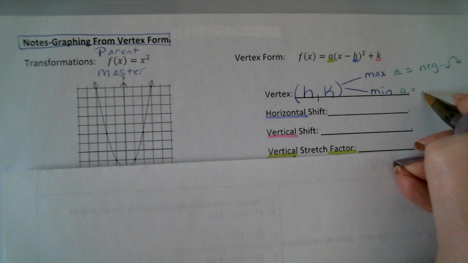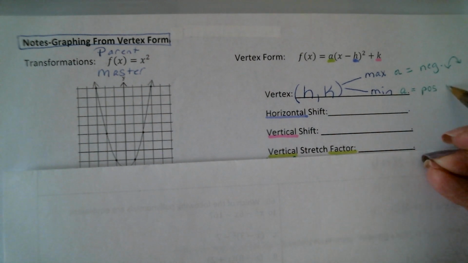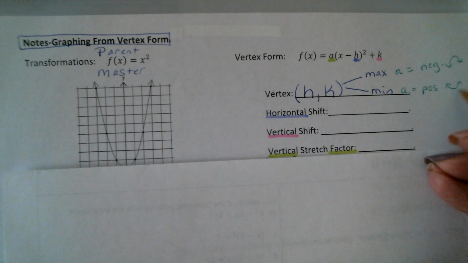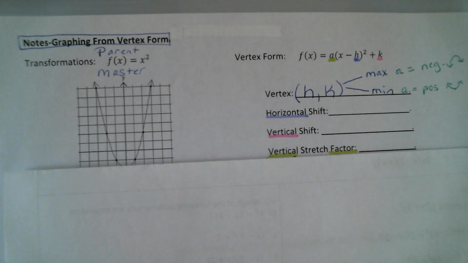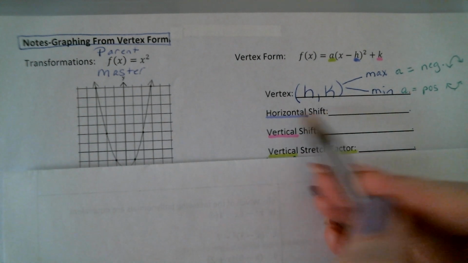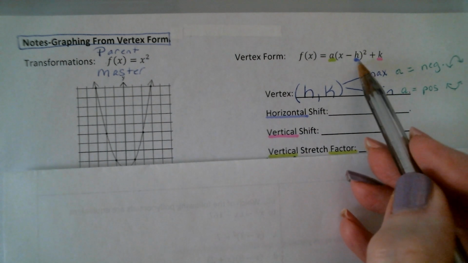When a is positive, though, it opens upward like that, and that vertex is going to be the minimum or lowest value.